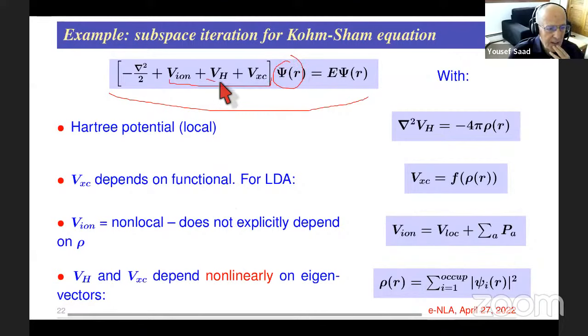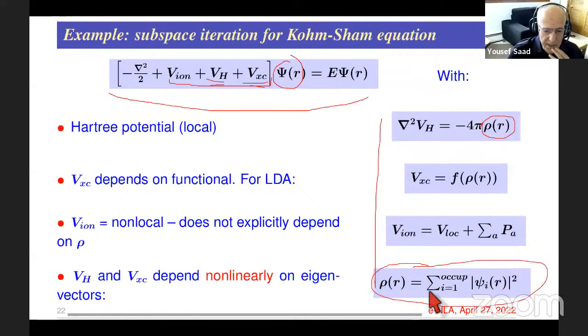Especially these two terms here, as you can see from the chart, the Hartree potential VH can be obtained by solving the Poisson equation, where rho, the charge density, is this. It's a sum of the eigenvectors squared, at different locations r, over the top eigenvectors. So this is an eigenvalue problem where the potential depends on eigenvectors.